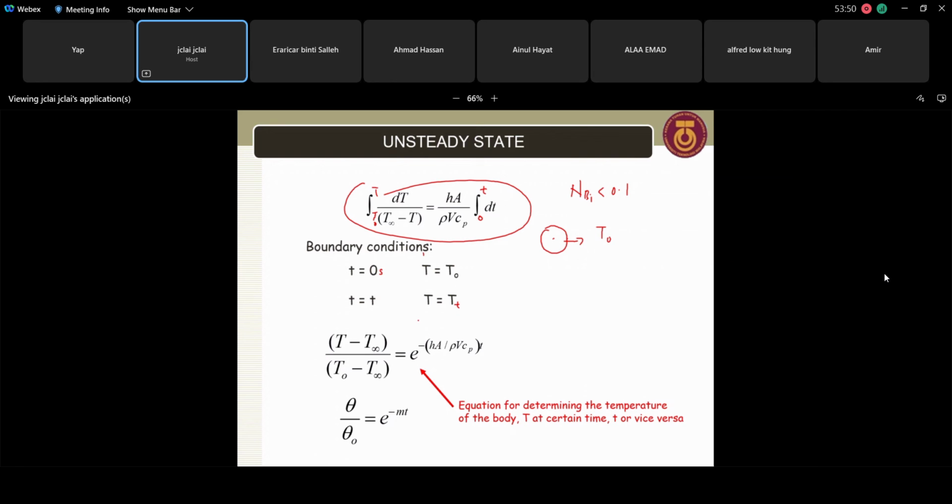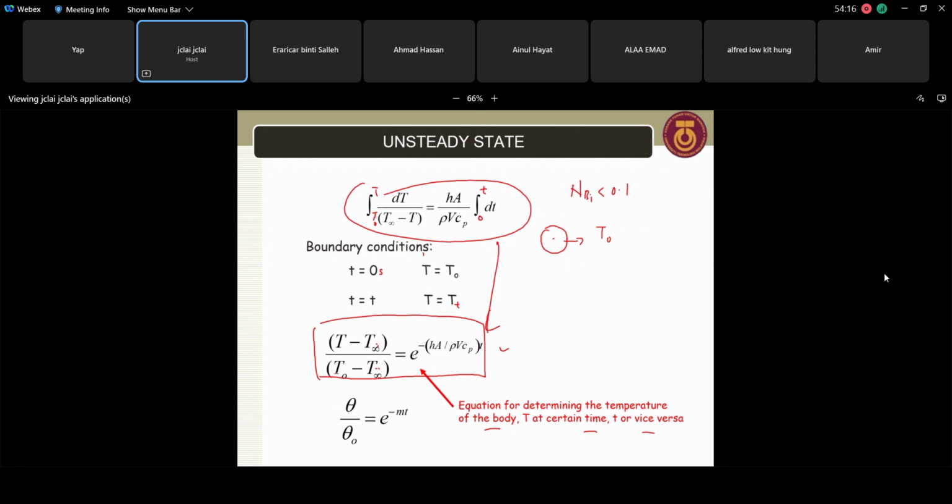So you solve it, then this is what you get. Okay, this is the solution of this. So this is the formula you can use to determine the temperature of the body T at a certain time or vice versa. Okay, so let's say, this is the surrounding temperature.